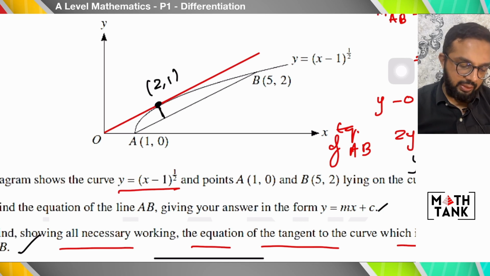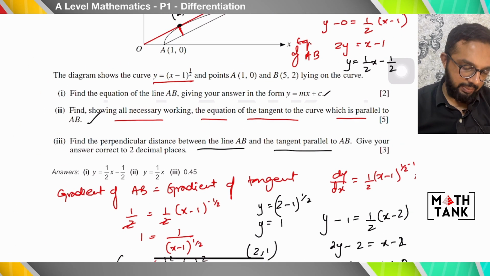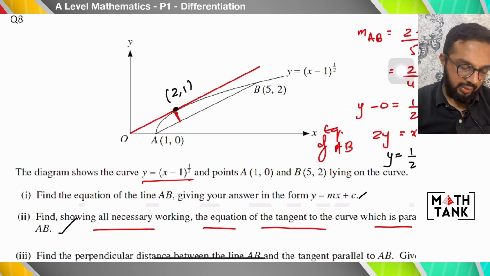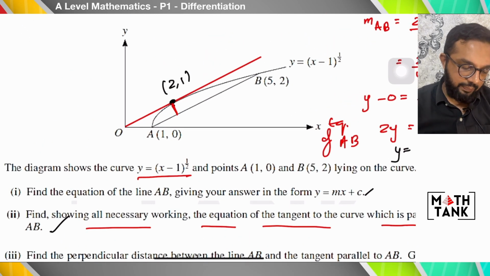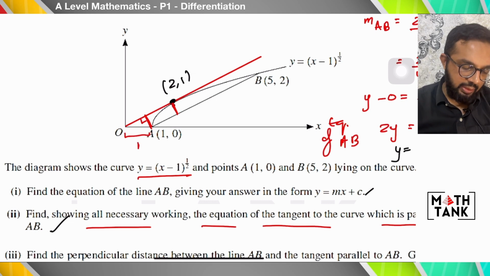The essential part is that I'm trying to find this distance, the perpendicular distance between the line AB and the tangent parallel to AB. If I were to create a triangle somewhere, this distance would be the same as this distance, and this is at 90 degrees. I know that this distance is 1, so I think finding out the angle will help me.